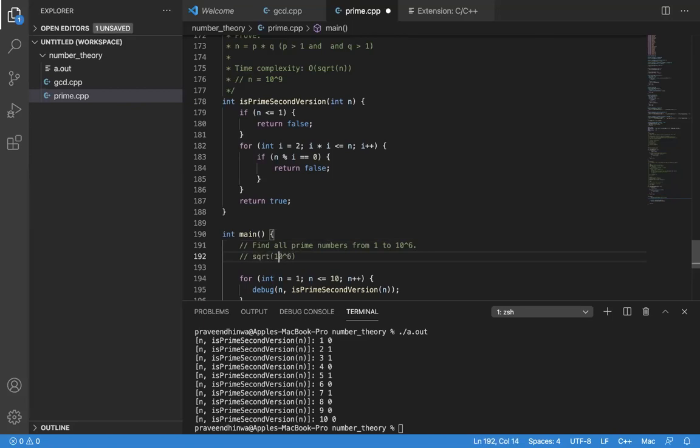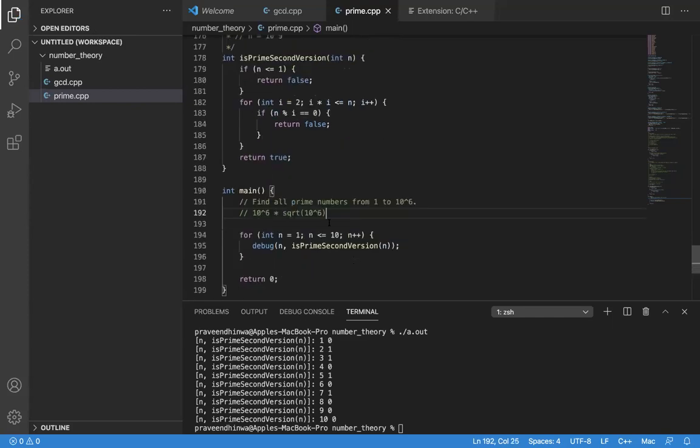So in the worst case, finding a single number takes square root of 10 power 6 steps, so it will take approximately 10 power 6 times square root of 10 power 6. The square root of 10 power 6 is 10 power 3, so this will become 10 power 9. So this program may not run in time.